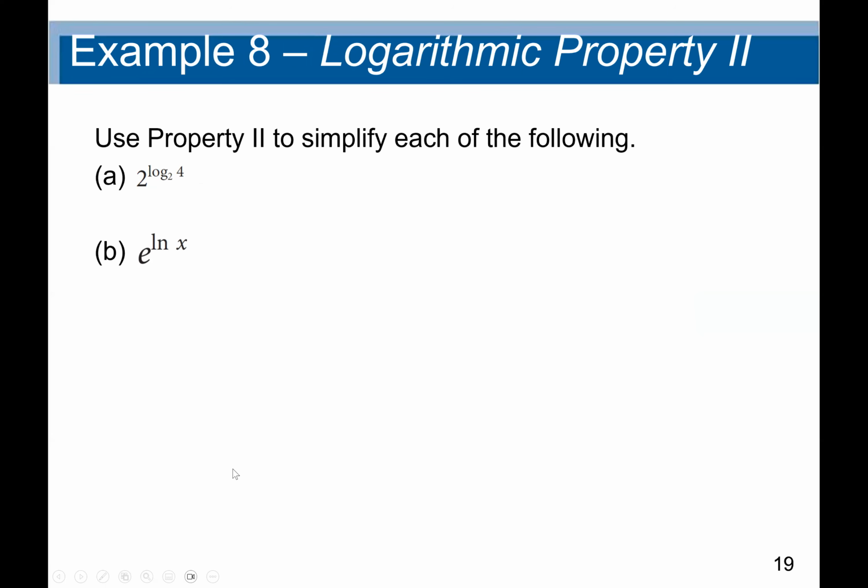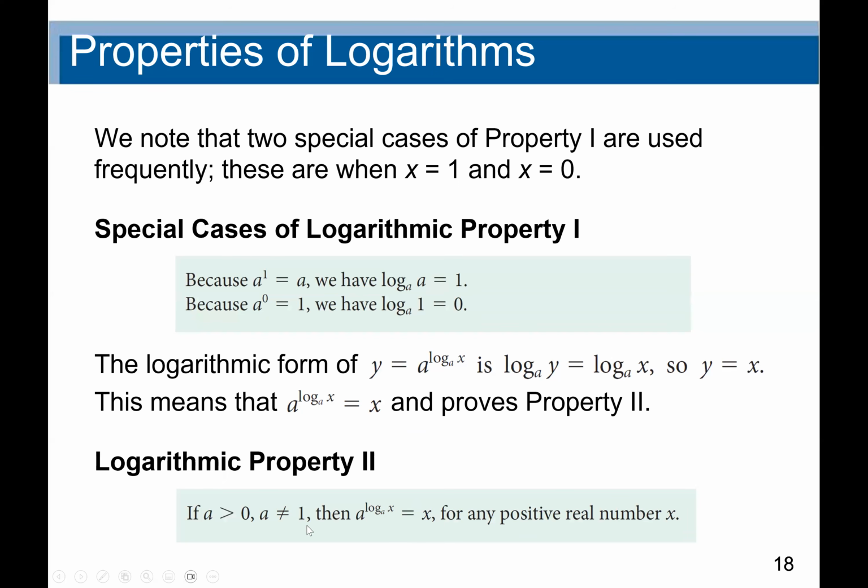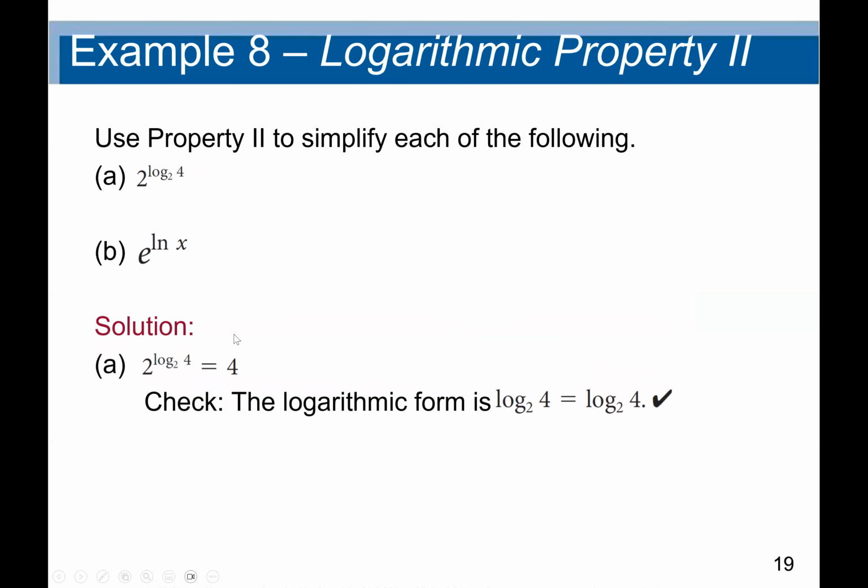Now here we're going to use property 2, the second property, to simplify each of the following. As we can see here, the property said a to the power log base a of x is equal to x. So here we have 2 to the power log base 2 of 4. So we can check the term here. Log base 2 of 4 is also log base 2 of 4 here.